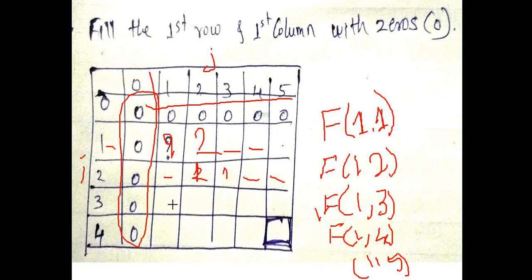And this one is third row 3, 1, then 3, 2, 3, 3, 3, 4 and 3, 5. We have to calculate these values.